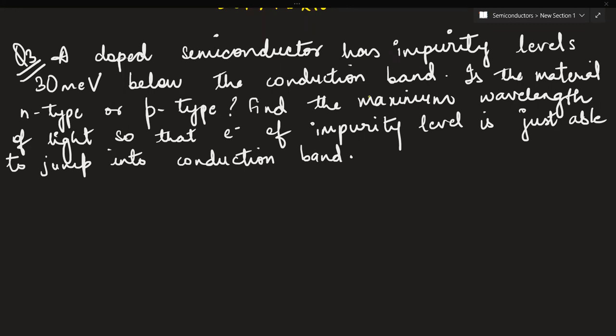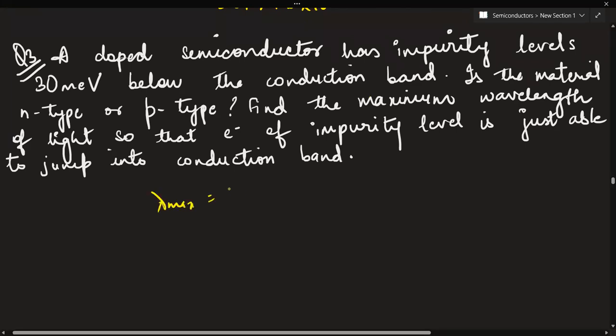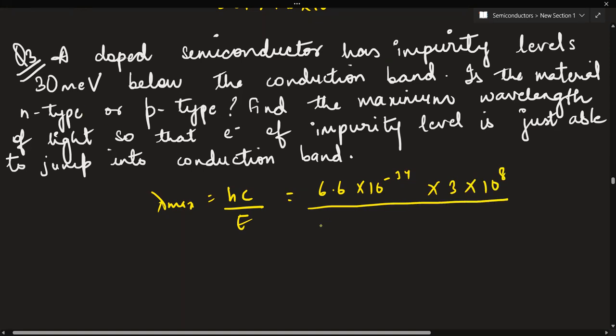See, wavelength will be what? Maximum wavelength will be equal to hc divided by the energy. So h is 6.6 into 10 to the power minus 34, the Planck's constant. And the speed of light is 3 into 10 to the power 8 meter per second. Energy is given to you as 30 milli. So convert milli into 10 to the power minus 3.